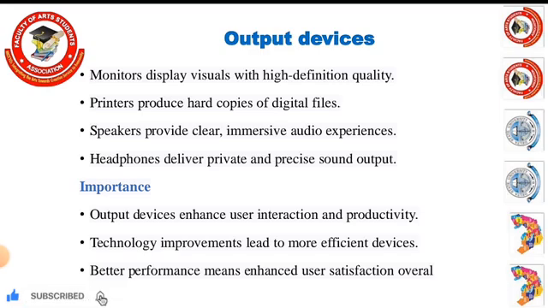And so technology improvements through the use of these tools have actually led to more efficient devices than what we have currently. And so we also experience better performance and overall satisfaction in their usage. That's the importance of all these tools.